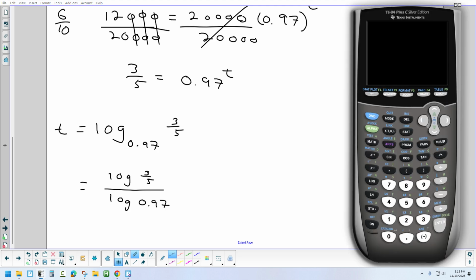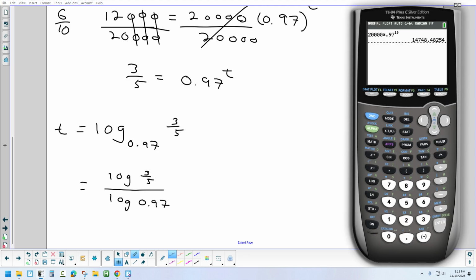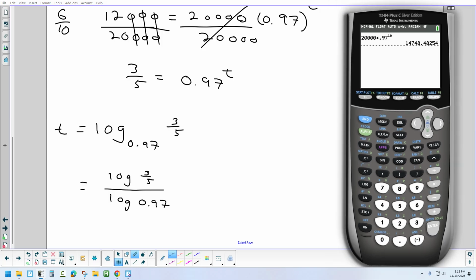Okay, so let's figure that out, and then that'll tell us how many years have to pass before we hit 12,000 people. And it should be more than 10 years because we did 10 years and that only got us down to 14,000 something. So it's about 16.77 years.